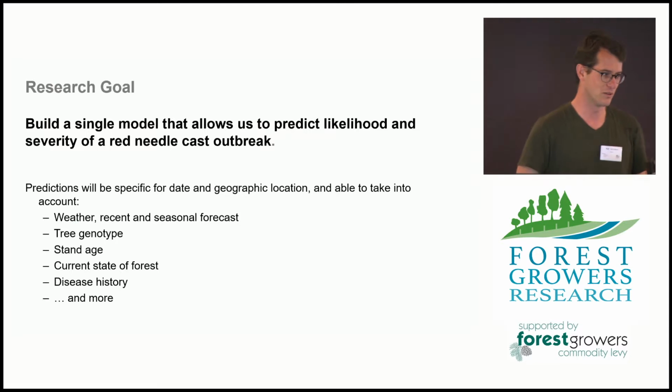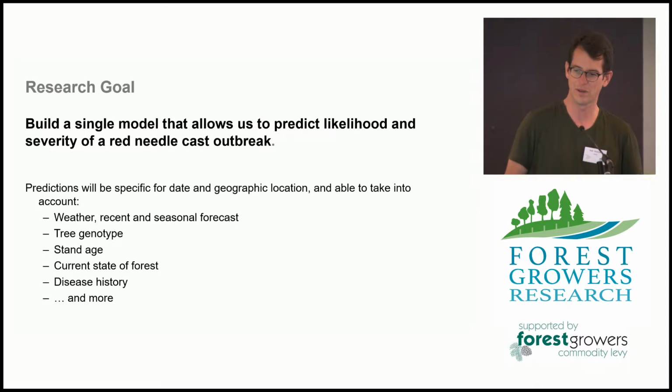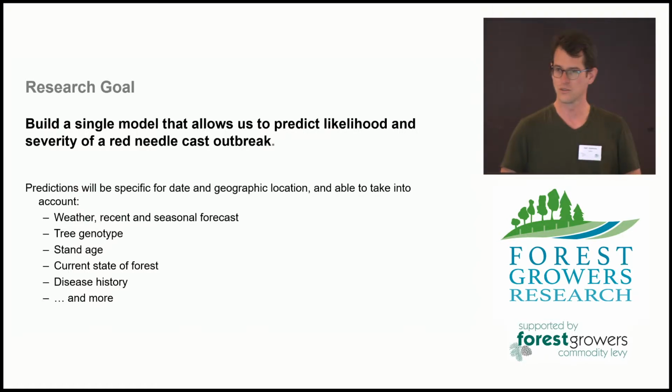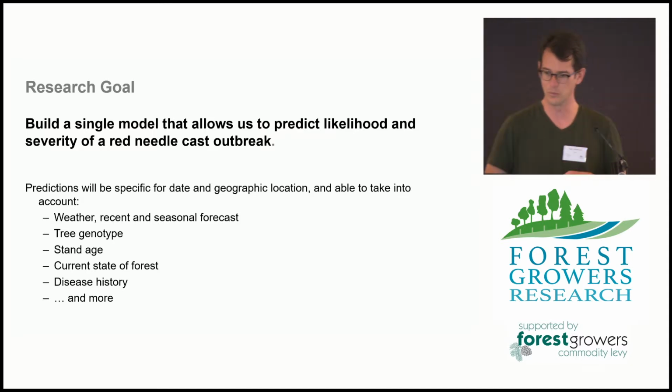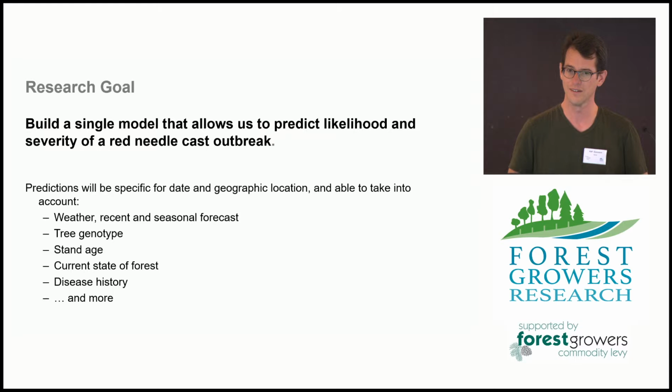So the research goal of the part that I'm telling you about is really to build a single model that allows us to predict the likelihood of red needlecast at a given time and place. So, all the information that you may have available, like recent weather data. You may or may not know the genotype of the tree you have planted.